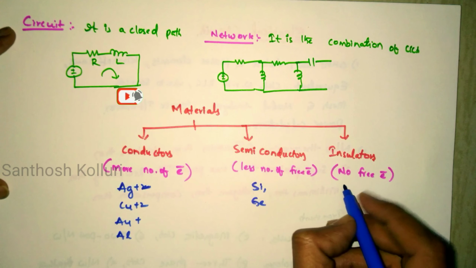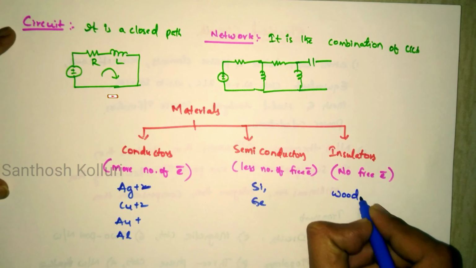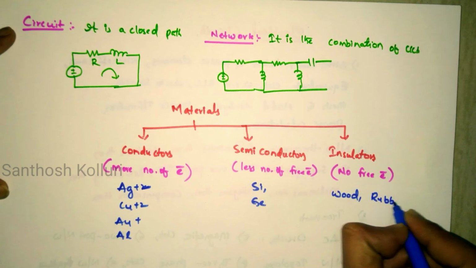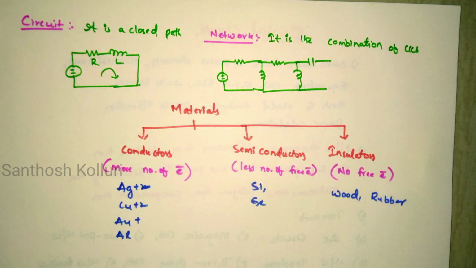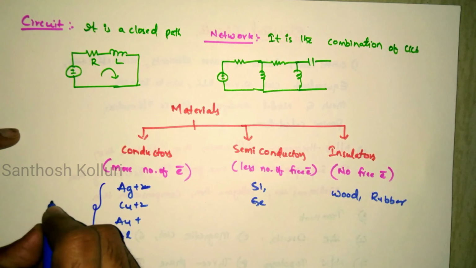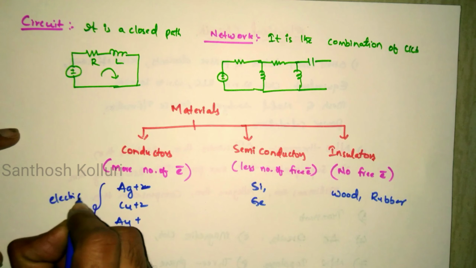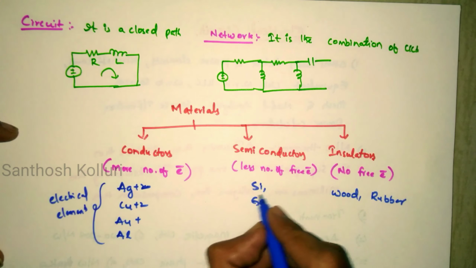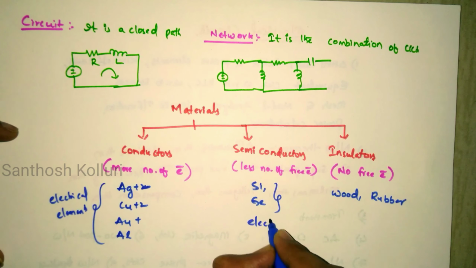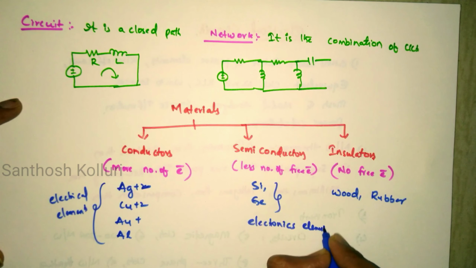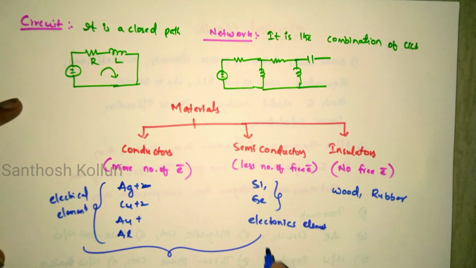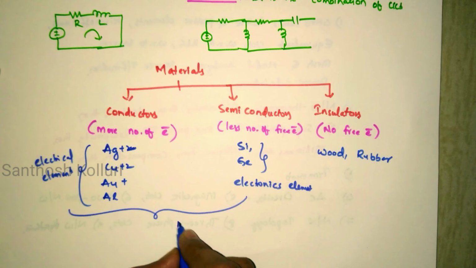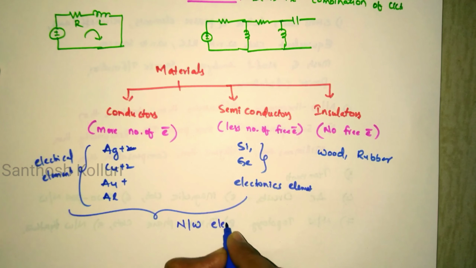For insulators, generally wood and rubber. The conductors and insulators we can call electrical elements, because we use them in electrical circuits, and the semiconductors are electronics elements, and a combination of these two can be called network elements.